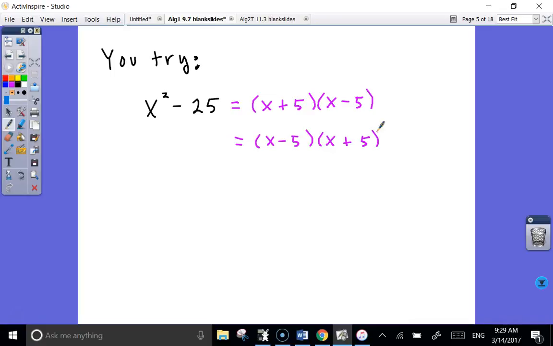If you wanted to write it like a difference of squares first, you could have written it as x squared minus 5 squared. By the formula, it's always one positive, one negative. And I mean, you could always FOIL it and see if you get back there.